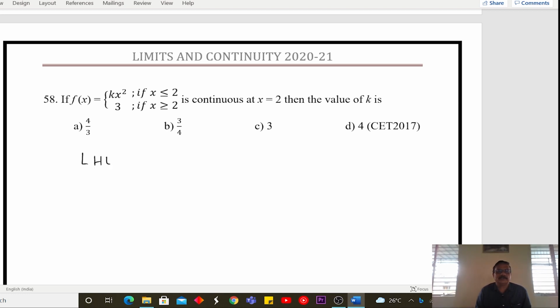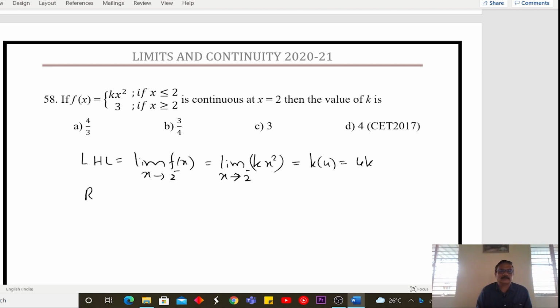Find LHL and RHL. So LHL is the limit of f of x as x tends to 2 minus. Select the function f of x such that x is less than 2, value kx². Put x equal to 2, k into 2² is 4, that is 4k.